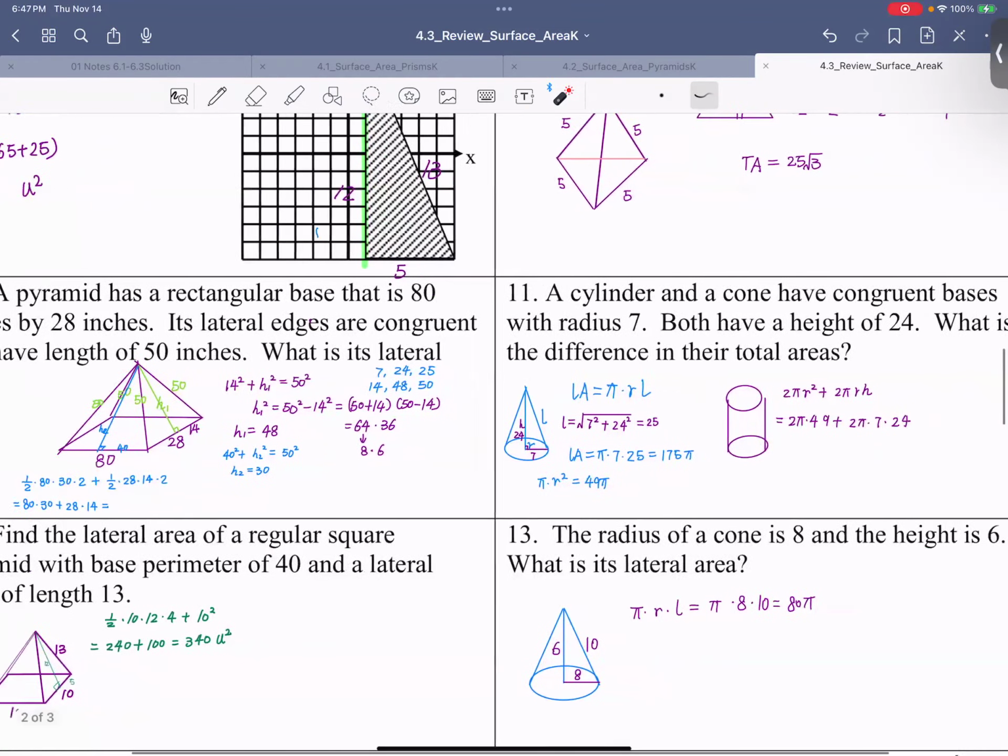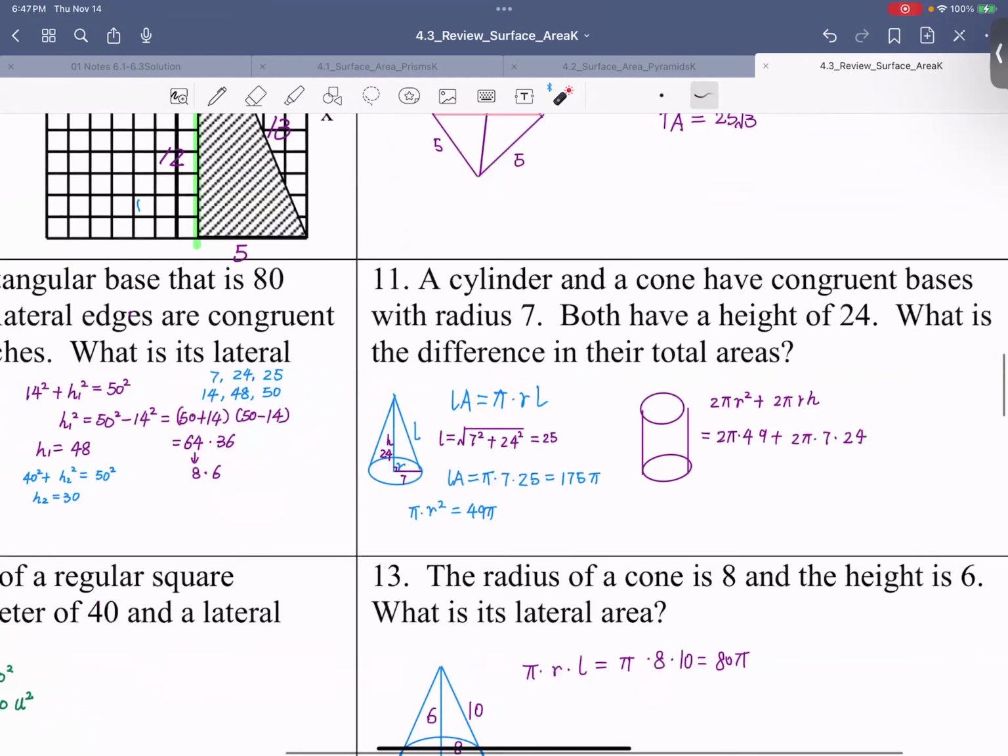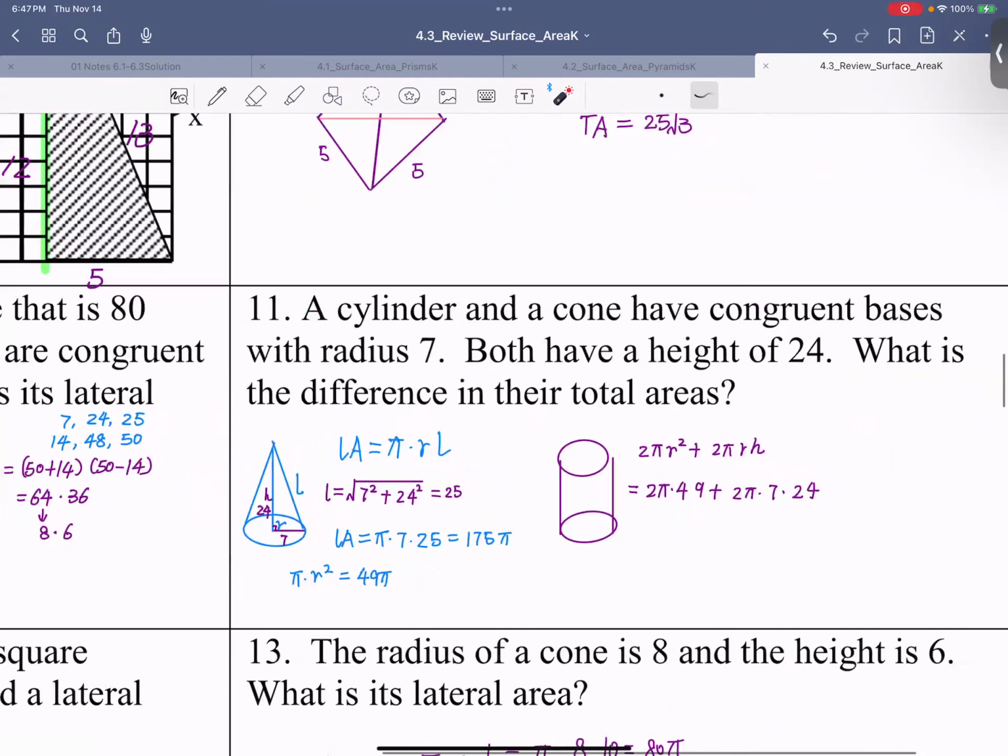Number 11. Go ahead, draw a cone and draw a cylinder, side by side. We just learned the lateral surface.